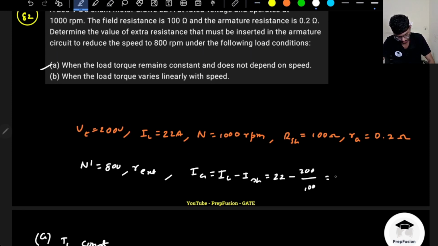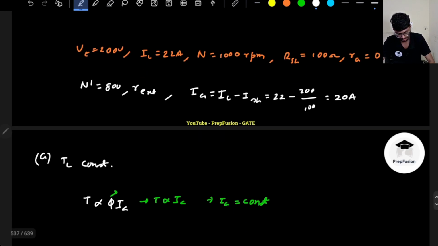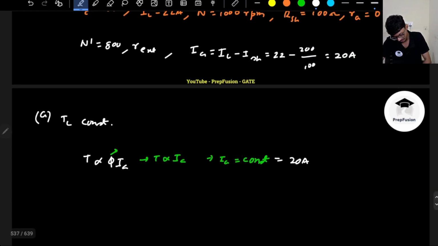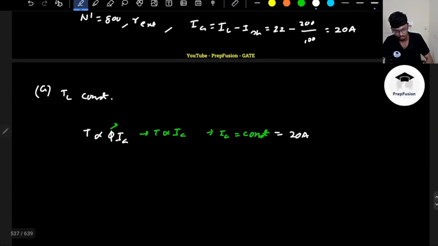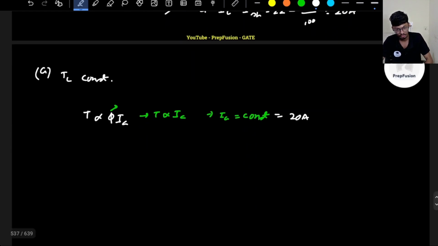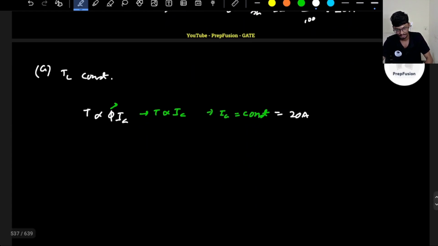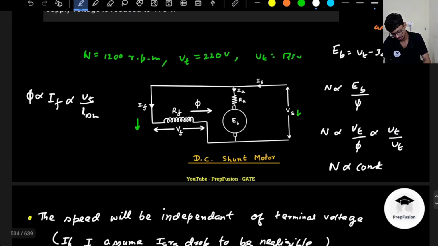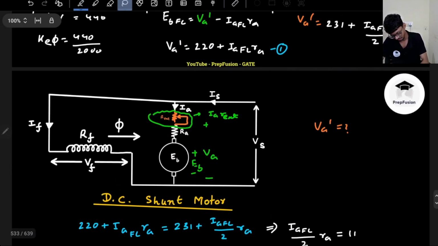So the armature current will be 20 amperes. This will be the new armature current as well, the same. So basically my EB has to reduce. I have to change my EB because of the external resistance, this is the diagram, right? With external resistance.